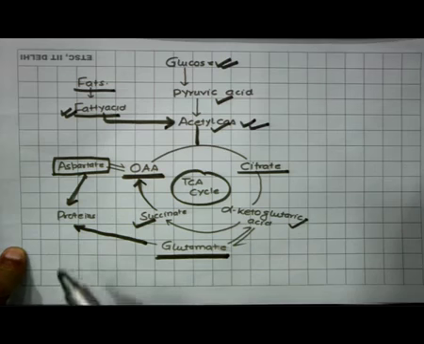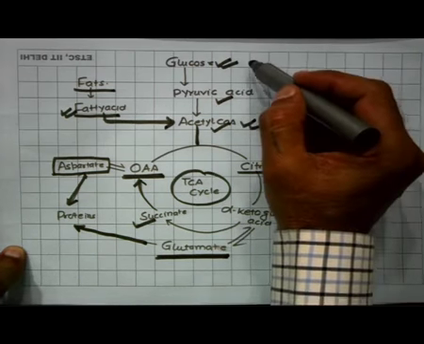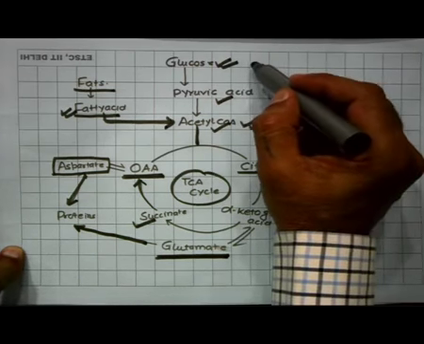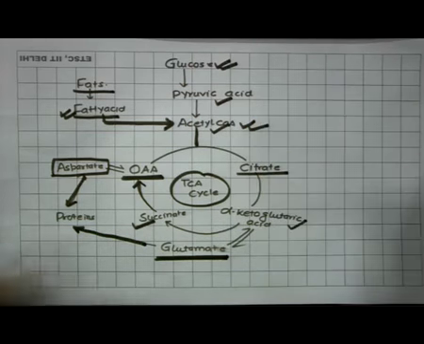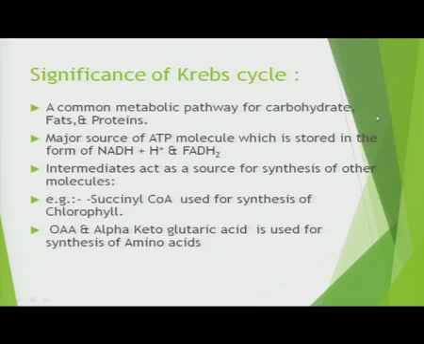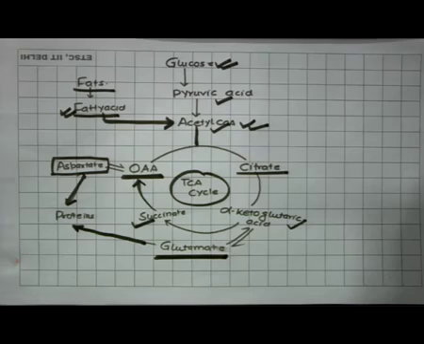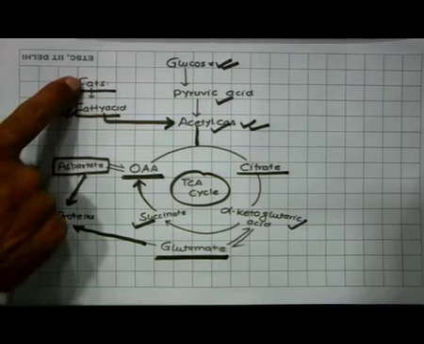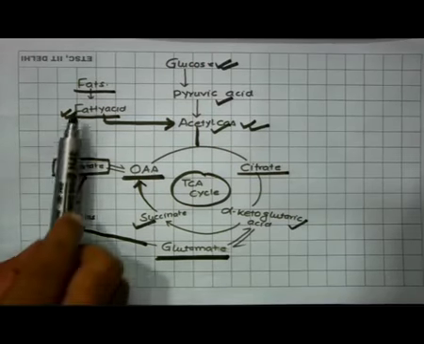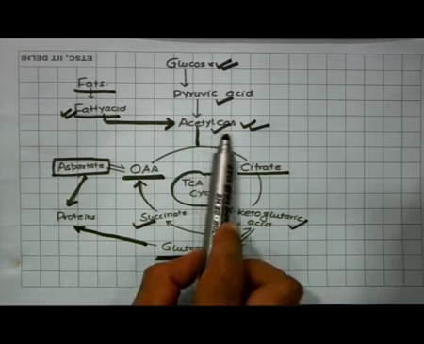So, we can state this as the significance of the Krebs cycle. It is a common metabolic pathway for carbohydrate, as we have seen. The glucose is directly involved in the Krebs cycle. Fatty acid is directly involved in the formation of acetyl coenzyme.